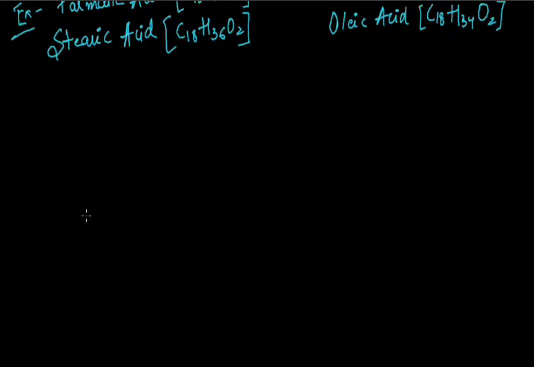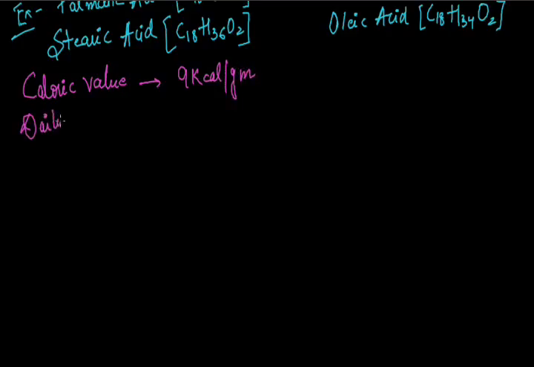Now, the calorific value of lipids is 9 kilocalories per gram, maximum among all biomolecules, and the daily requirement to a body is 50 gram per day. Now we'll further classify them.